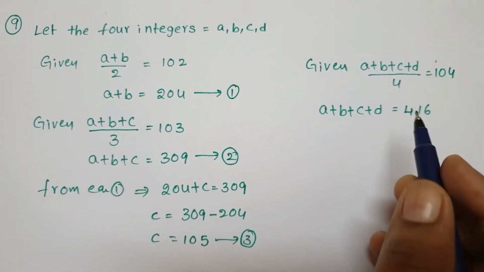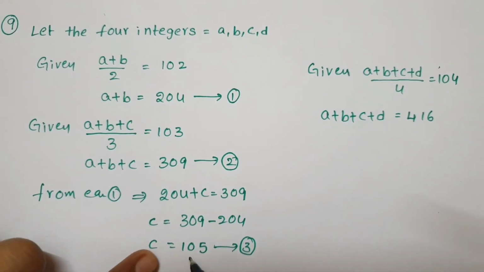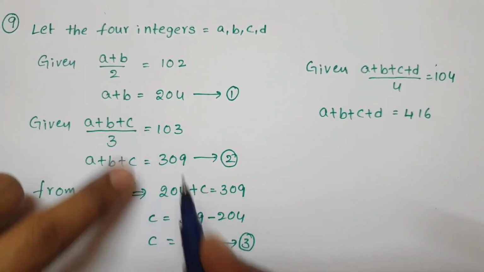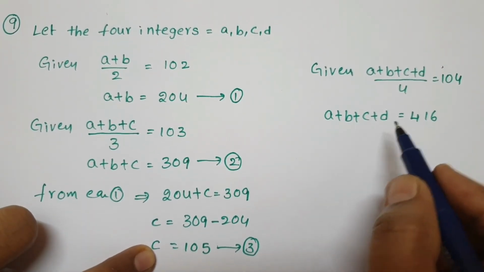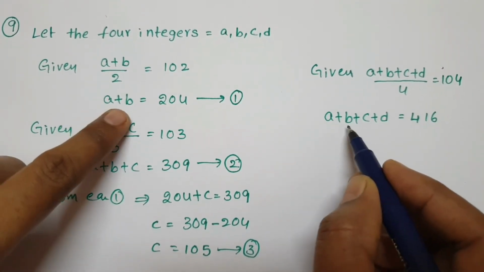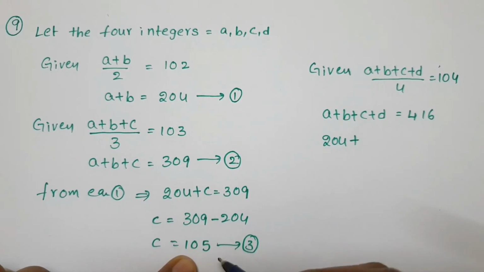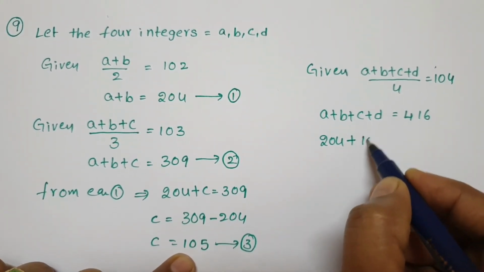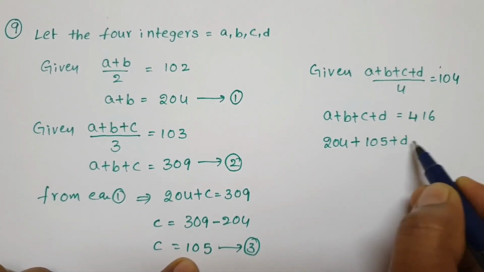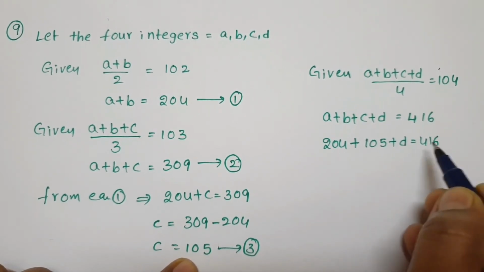For that, here A plus B plus C, we know the values: A plus B value and C value substituted in this equation. A plus B means 204 plus C means 105 plus D equals 416.